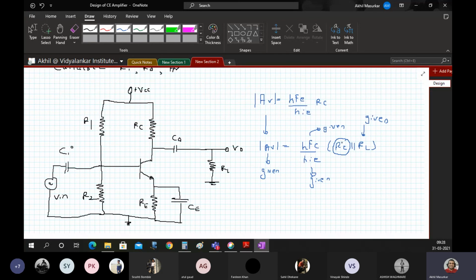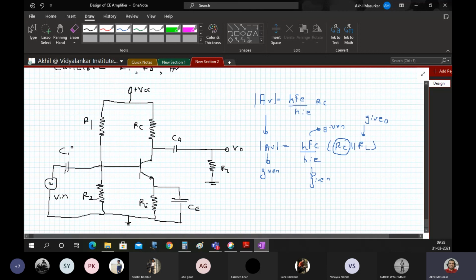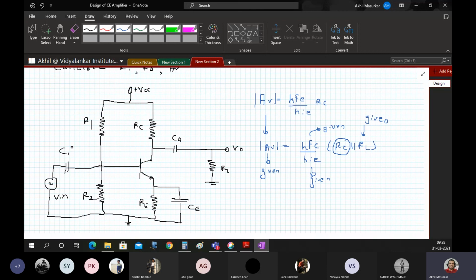Come on, please start this. First you will calculate the value of gain or Rc.